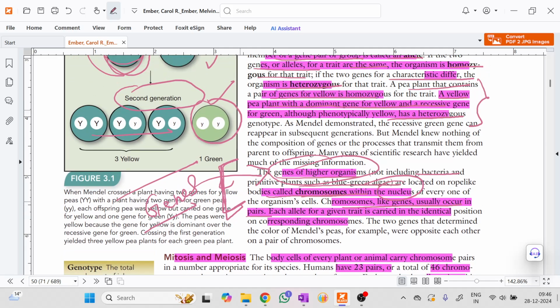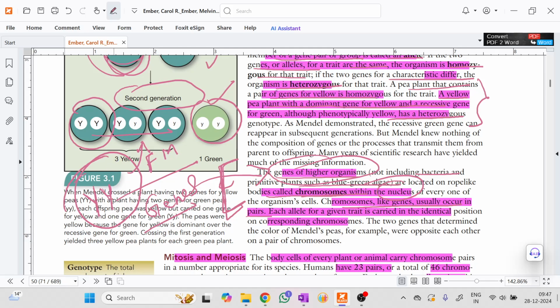Same way, if you want to draw a diagram, most of the higher organisms will be drawn in this way. Since most of the higher organisms derive their genetic composition from both of their parents, father and mother, they derive one copy from each of them.